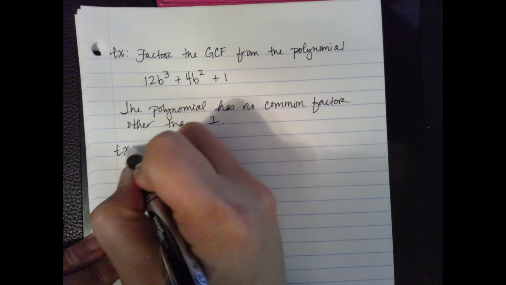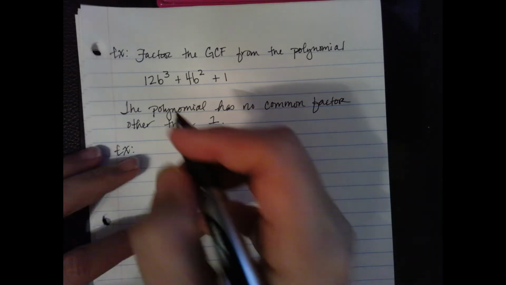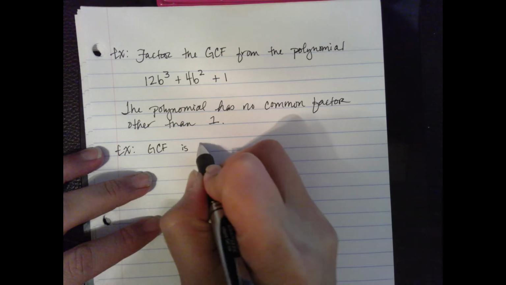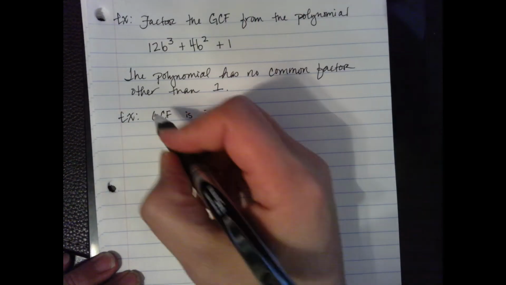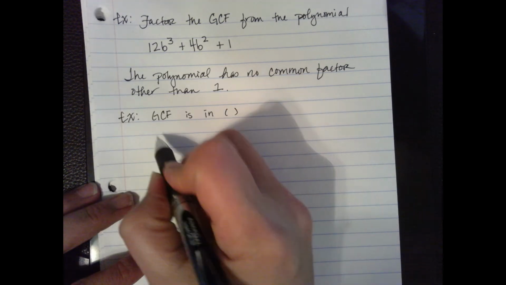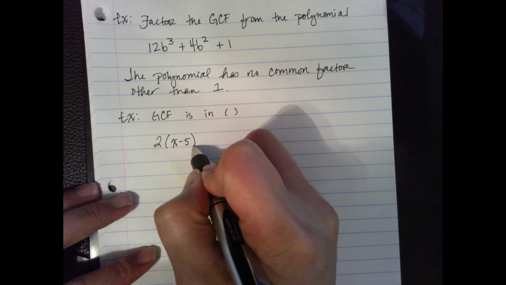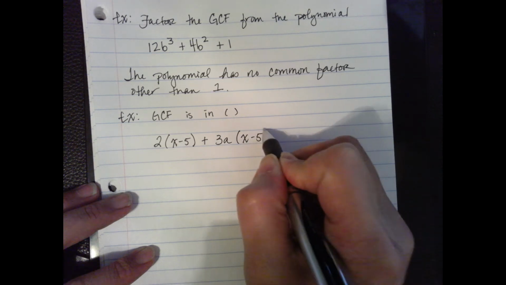So next, I want to look at a situation where the greatest common factor is inside a set of parentheses. So for example, we're going to be shown some problems that look like this. 2 times (x minus 5) plus 3a times (x minus 5).